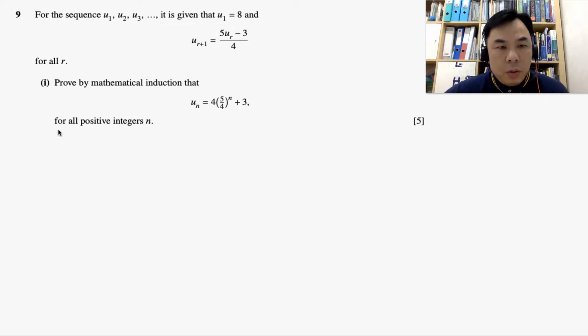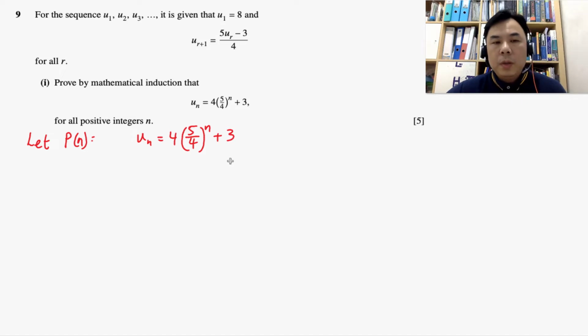I'm going to let Pn be the proposition that represents this sequence, un equals 4 times (5/4)^n plus 3. Okay, right. Now I'm going to test out P1. Let n equal to 1 here.